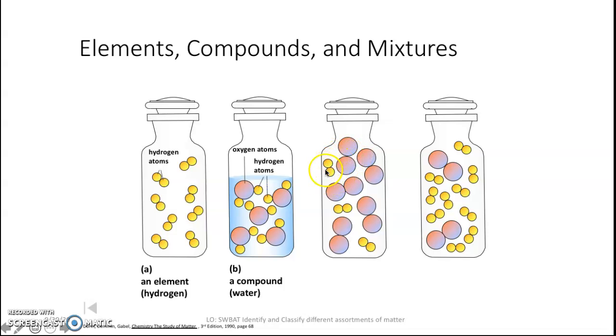We have the hydrogen and then we also have the oxygens, but they're not attached to each other, they're attached to themselves, but they're in the same realm of each other, right? So C would be a mixture of hydrogen and oxygen, and so would D be a mixture of hydrogen and oxygen as well.